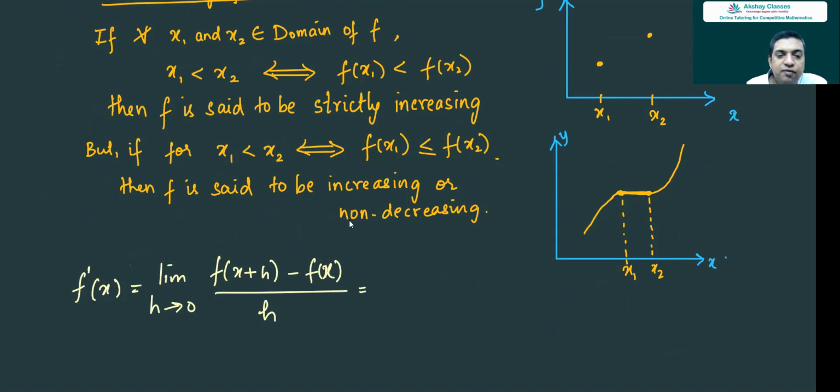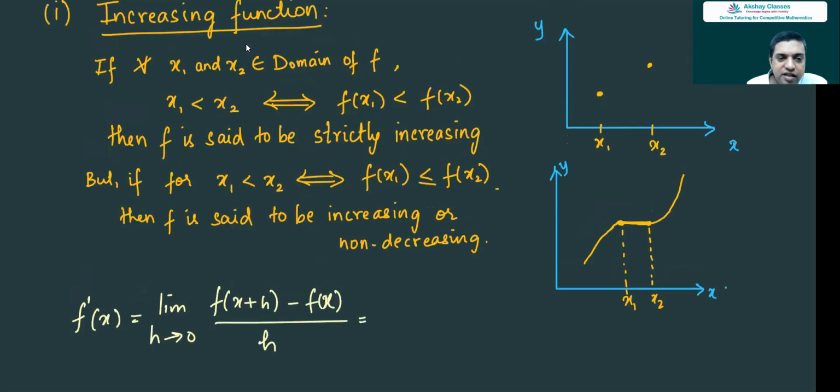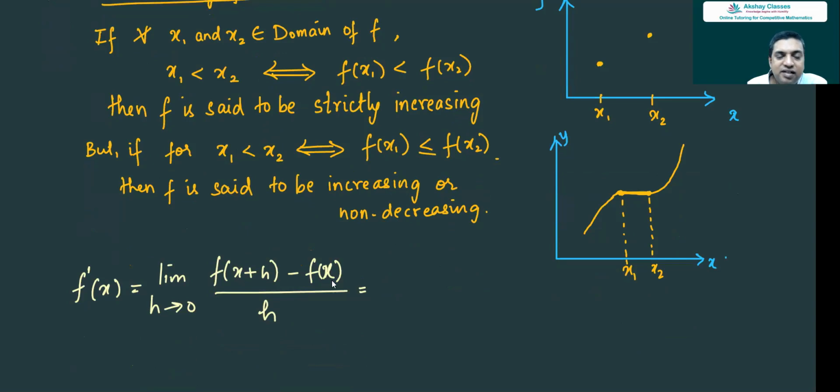Now, if f of x plus h is greater than f of x, it means it is an increasing function. Suppose this is an increasing function, x plus h is greater than x, so f of x plus h will be greater than f of x. So it is limit h tending to 0, a positive value by a positive value. So the derivative will be greater than 0.